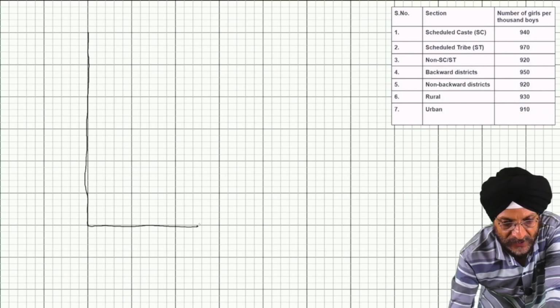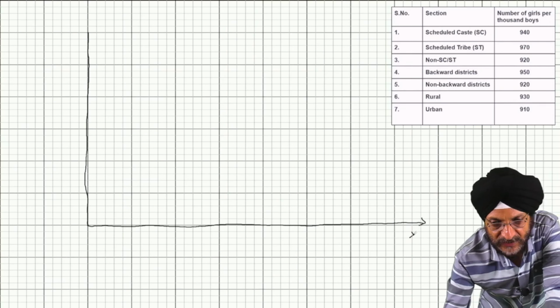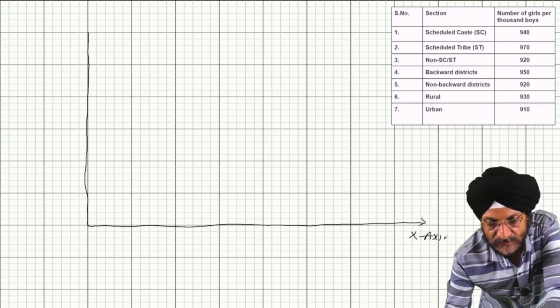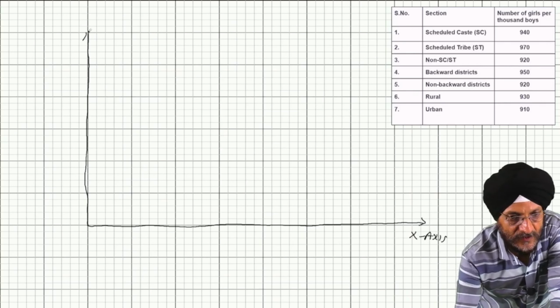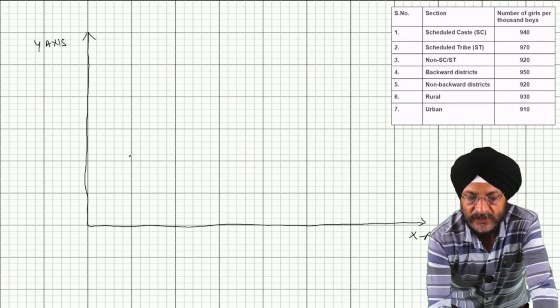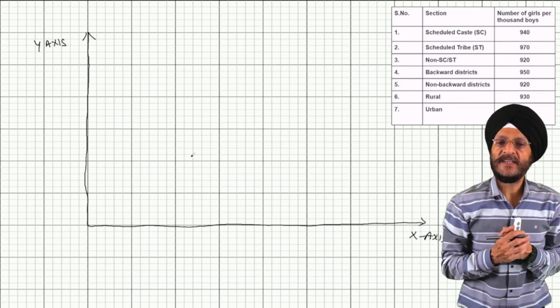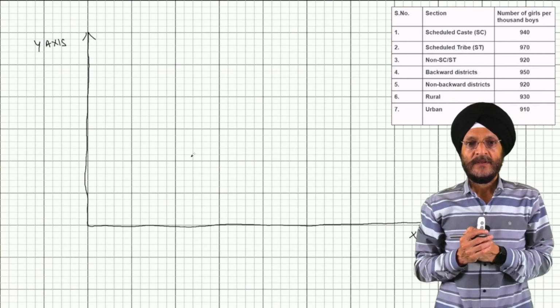This line which we are now drawing is known as the x-axis. Now the bars can be drawn vertically as well as horizontally.